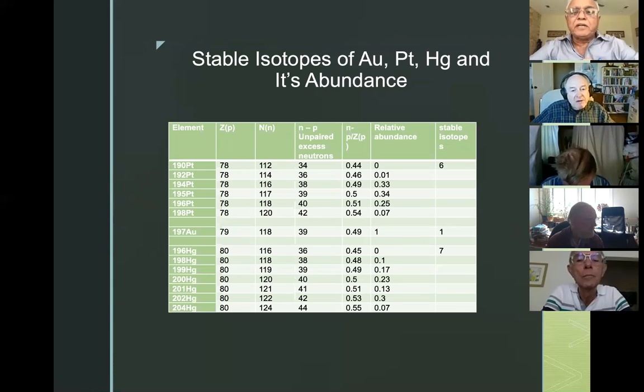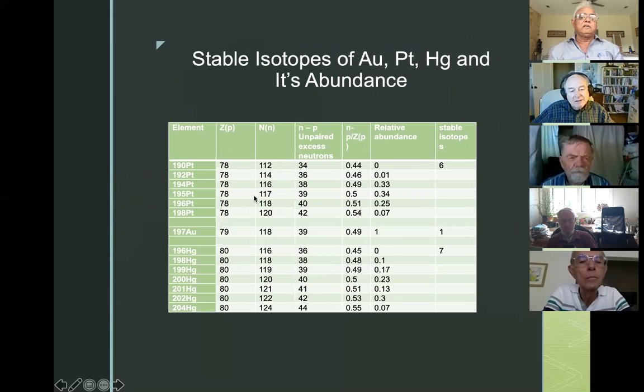I have picked 3 elements. One of them is platinum, another is gold, and another is mercury. Now, if you look at platinum, it has 6 isotopes with various relative abundances that I have put together, with the total combined being 1.